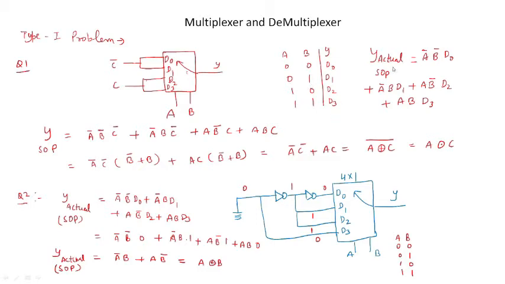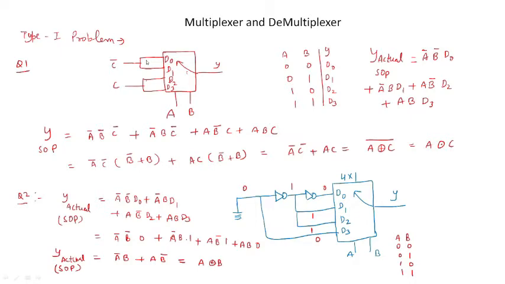So for the actual output, we will write A bar B bar D0 plus A bar B D1 plus A B bar D2 plus A B D3. Now we will put the values of D0, D1, D2 and D3 from the input lines.